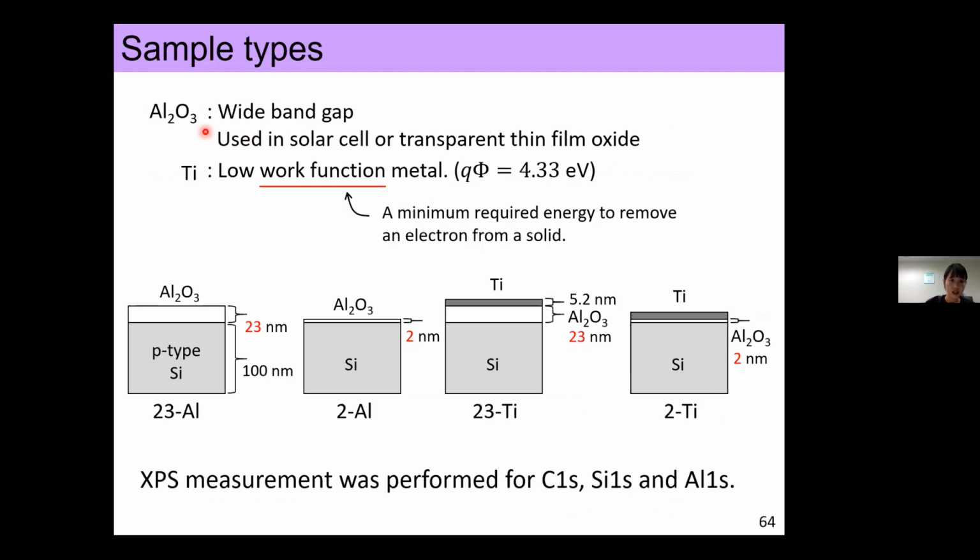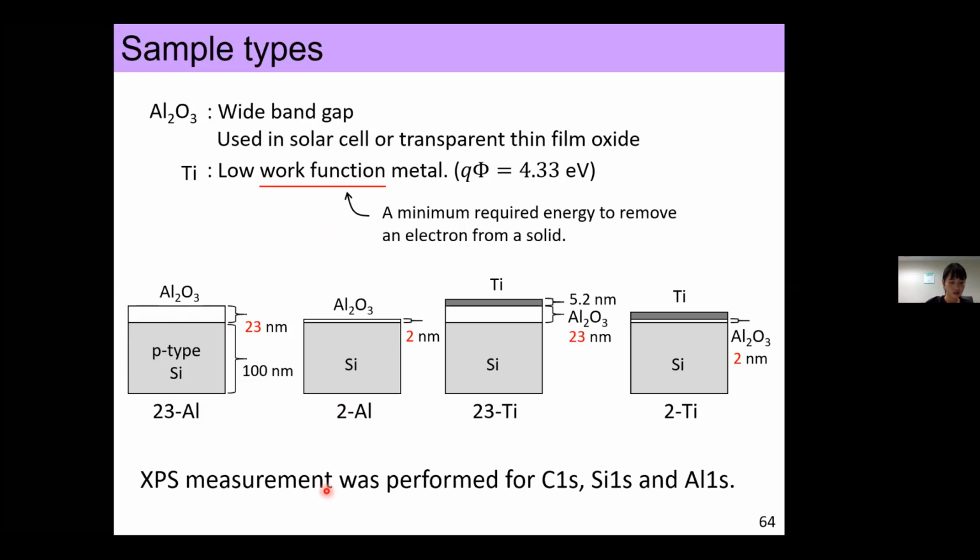They chose alumina as an oxide material because it has a wide band gap and is used in solar cells or transparent thin film oxide. In the case of metal, titanium was selected due to its low work function. Work function means the minimum energy required to remove an electron from a solid. Then, using p-type silicon as a substrate, they made 4 different samples.